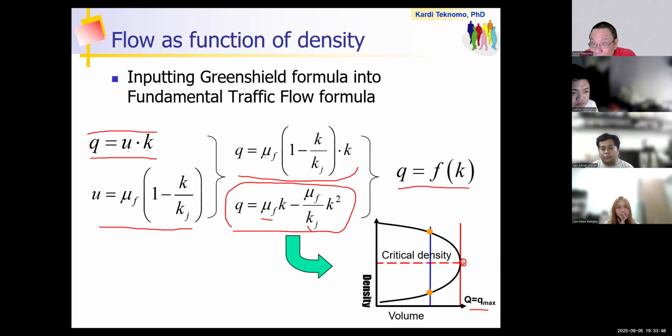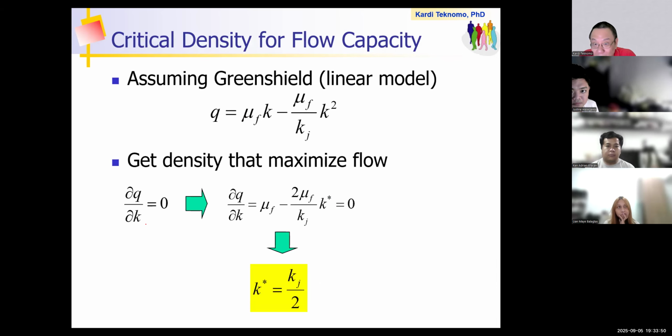To get the maximum, of course, you take the first derivative and equate it to 0. But Q is actually a function of two variables, speed and density, so we use the partial derivative. This is easy.